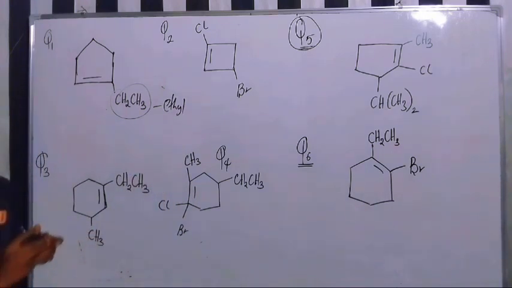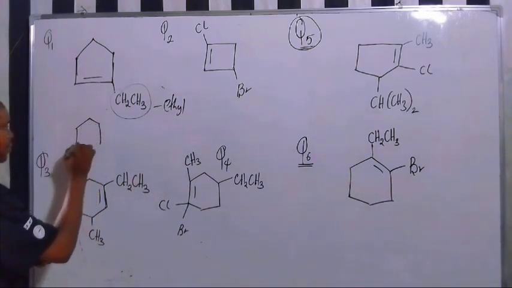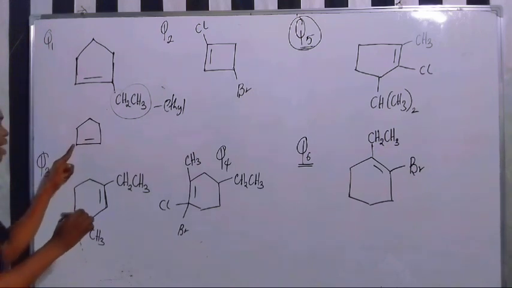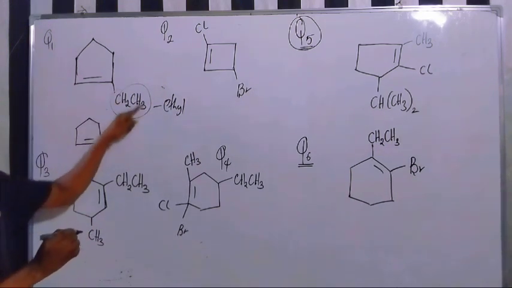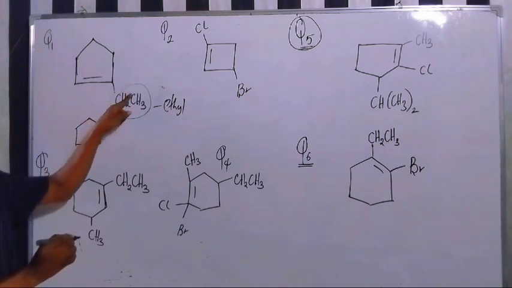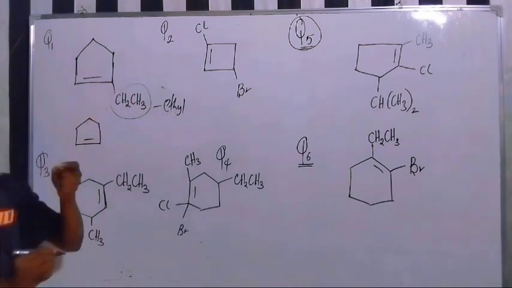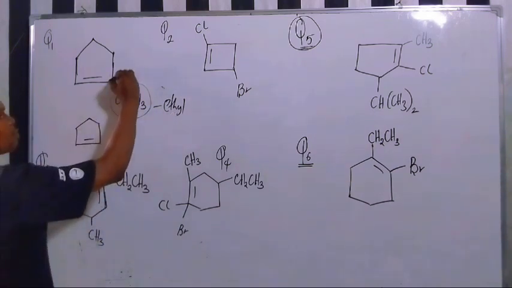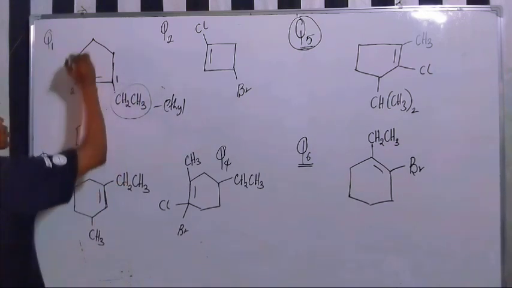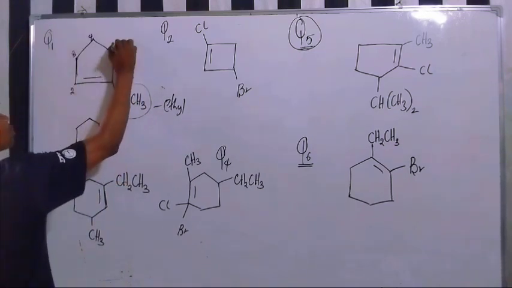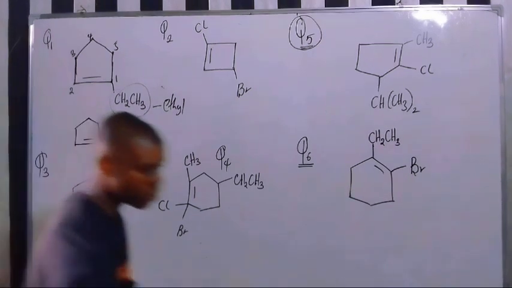Do you see that? So remember, I told you that if, for example, I have something like this, this can be my carbon 1, or this can be my carbon 1. Do you understand? But this one is already carrying a substituent, which is the ethyl. Automatically, this one will not be my carbon 1. If here is my 1, definitely here is going to be my 2, 3, 4, and 5. Can you see that?